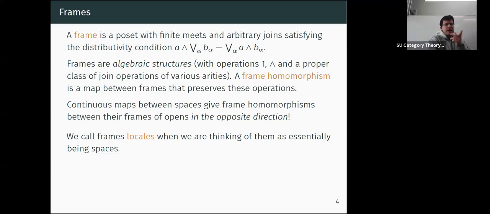So I guess the one point that I am almost getting to now is that it would really be the opposite of topological spaces rather than topological spaces, which would be the correct analog. Because as I just said, the morphisms in frames go in the reverse direction to the morphisms of topological spaces. So it's more like the opposite of the category of topological spaces, which might be monadic over set.